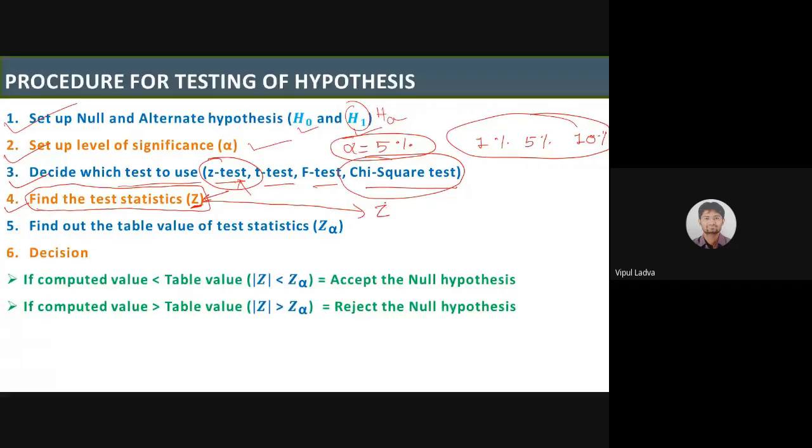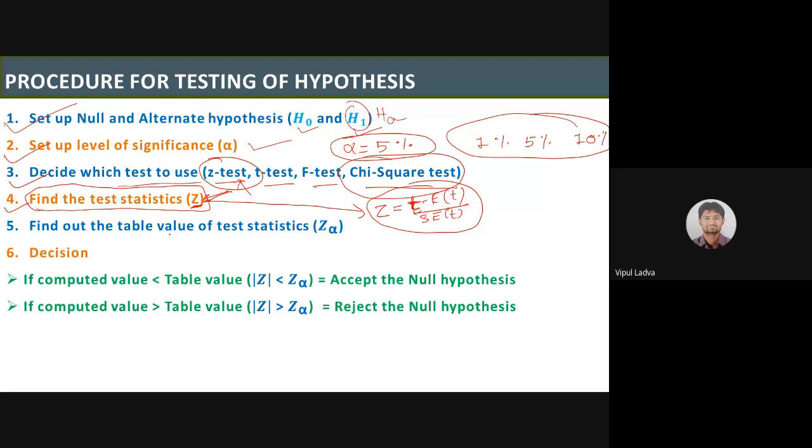We'll calculate it from that particular formula, और वो formula वही होगा common वाला: T minus the estimated value of T divided by the standard error related to that particular parameter T. That will be the general formula, but we'll be finding its actual form for each and every test.